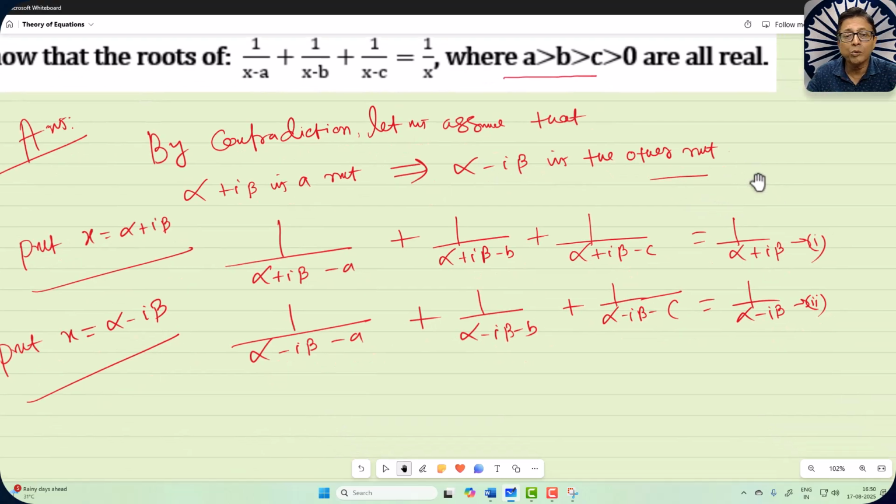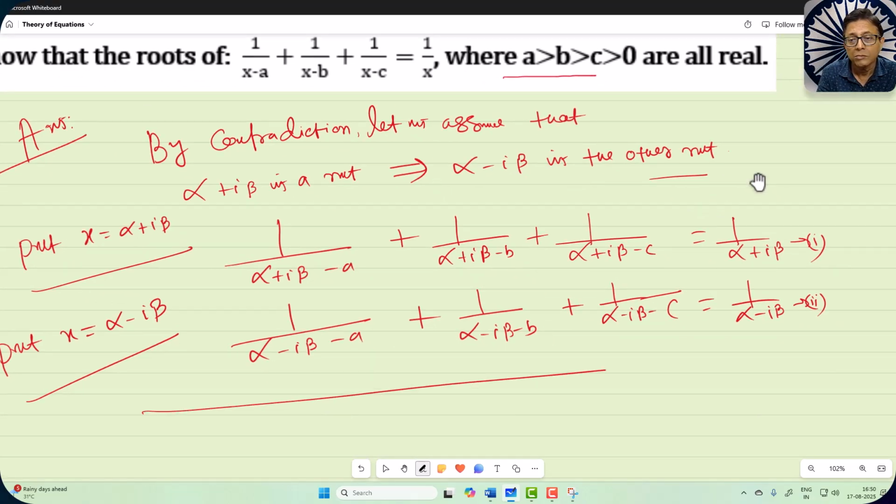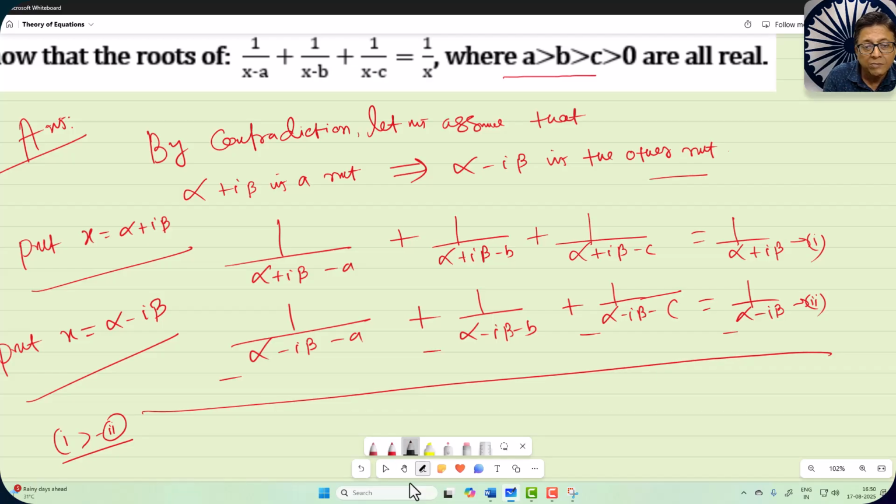Now what you will do there? You just subtract 1 minus 2. If you do that, the LCM will be, I am subtracting this from this, alpha plus I beta was a root, alpha minus I beta.